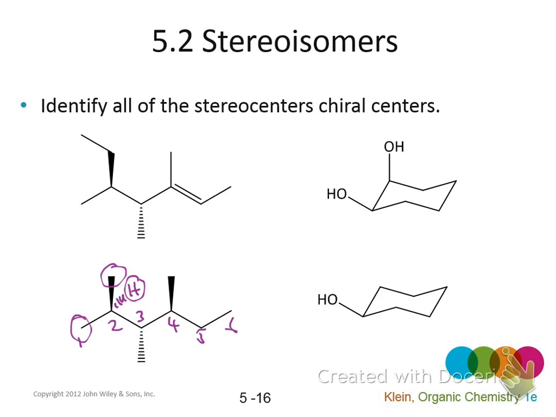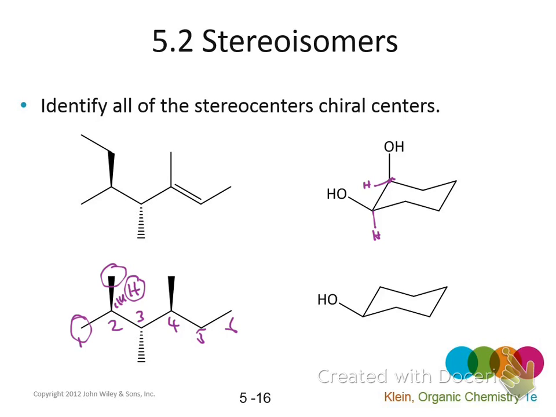Let's look at this one up here. Does it have chiral centers? There are 2 the same, so no. Wait a minute. On the left side there's a hydrogen that comes like this, and for this one there's a hydrogen that comes like that.